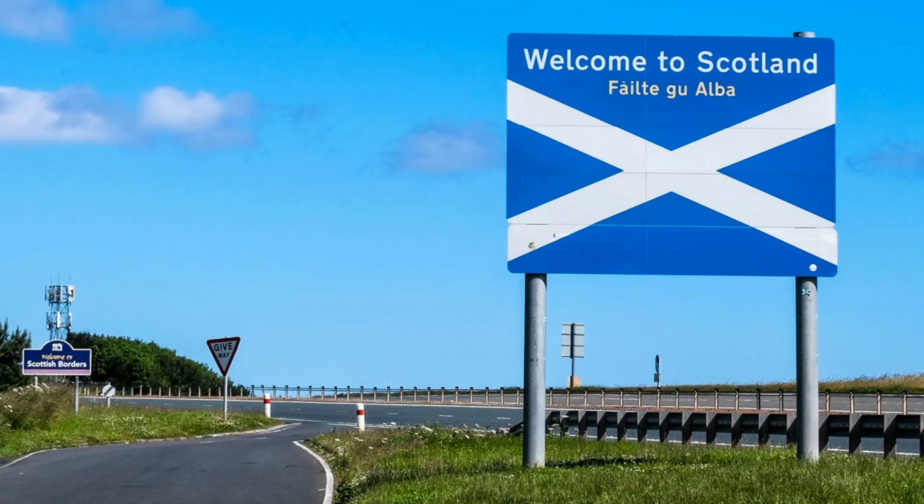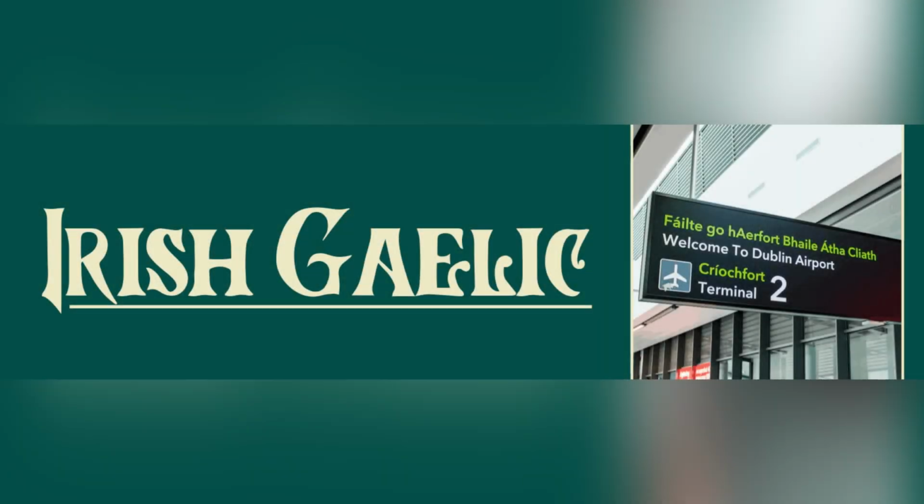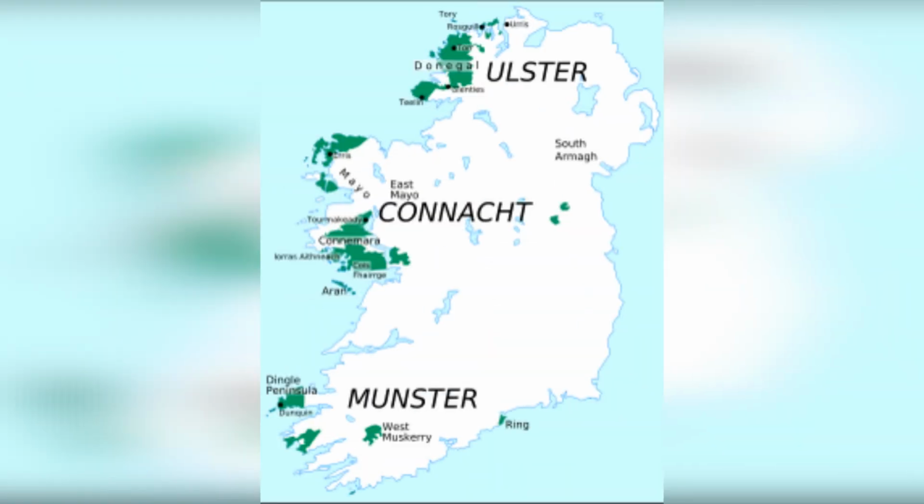And if your interest is Gaelic, then specifically go to the northwest coast of Scotland, parts of the Highlands and Hebrides, or to Ireland, where the Gaeltacht leads in such counties as Donegal, Galway, Mayo, Kerry, Meath, Cork, and Waterford.